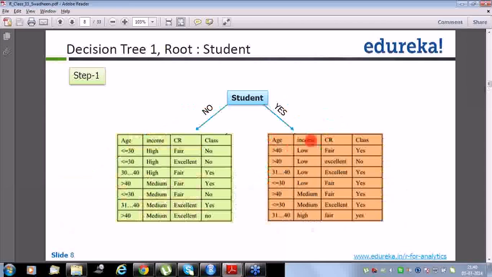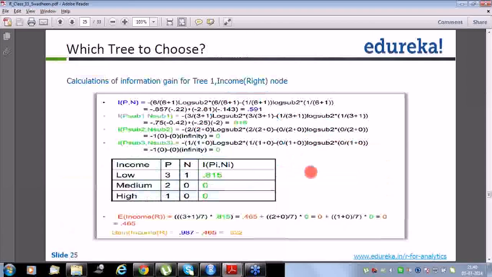As the entropy is lower, the information gain is higher, because from IPN we are subtracting the entropy. Right? I think that's pretty clear.